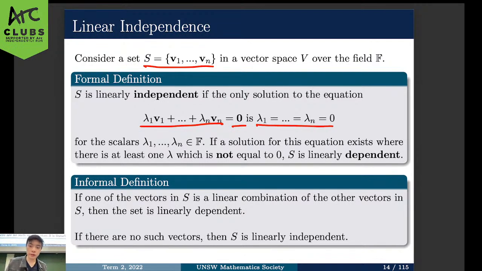So the only way for the set S to be linearly independent is if the equation right here has one solution, which is given by every single coefficient being 0.